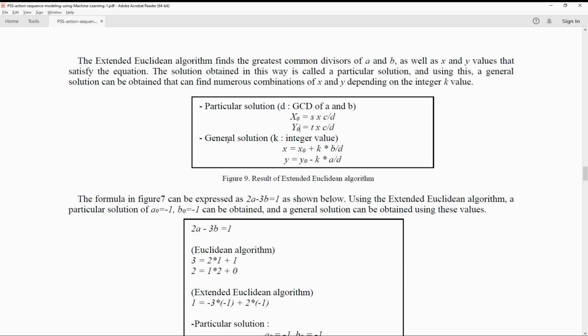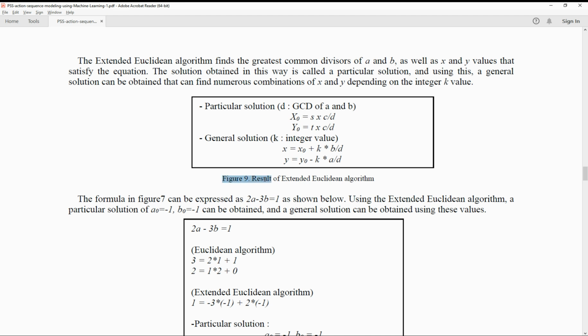The general solution, for k an integer value, is x is x0 plus k multiplied by b divided by d, y is y0 minus k multiplied by a divided by d.